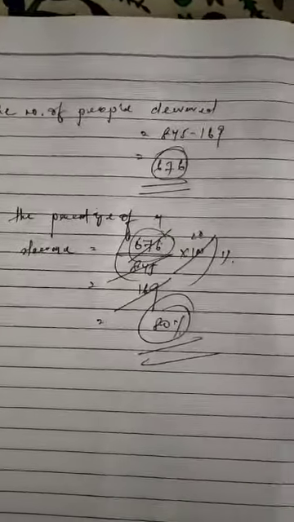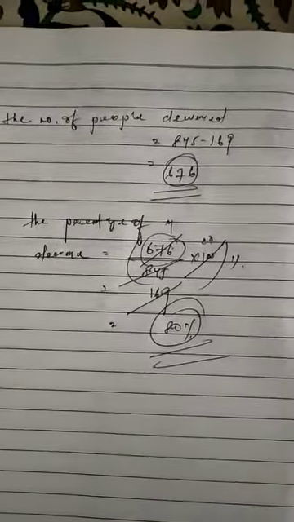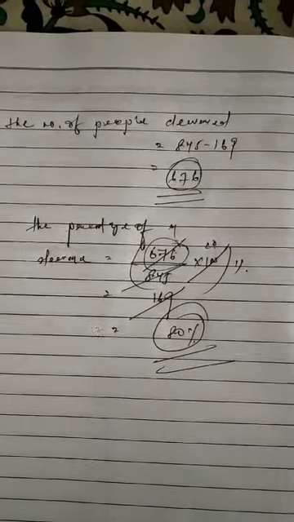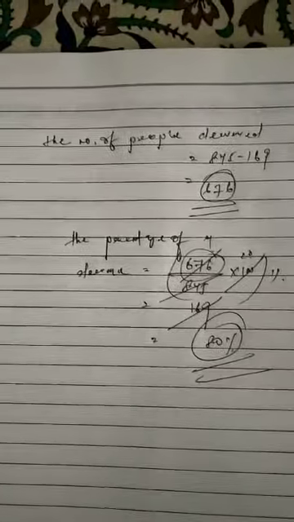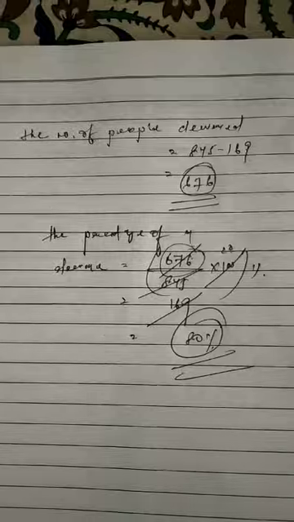So children, 80% fewer people visited on Monday. This is the answer, the solution of question number 2.